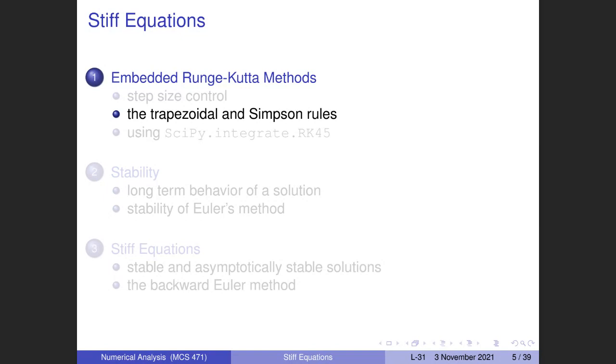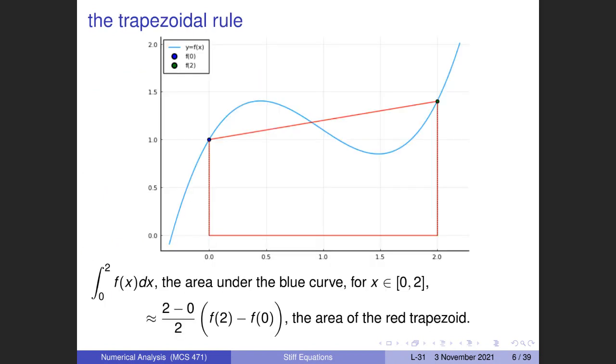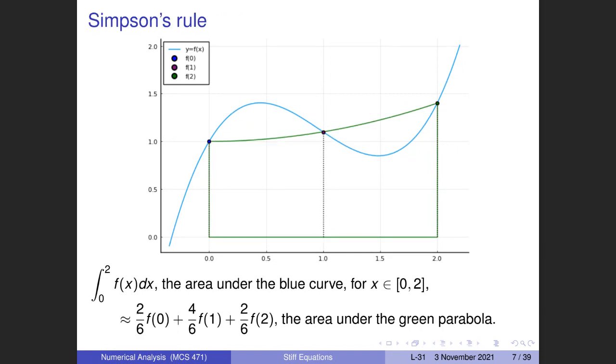Let me introduce the idea referring back to numerical integration. Here is the trapezoidal rule. Its name is obvious, for the area of the trapezoid is the approximation of the area under the blue curve. What comes next? Well, we have Simpson's rule.